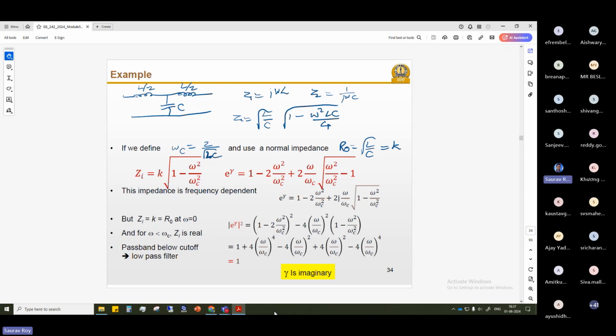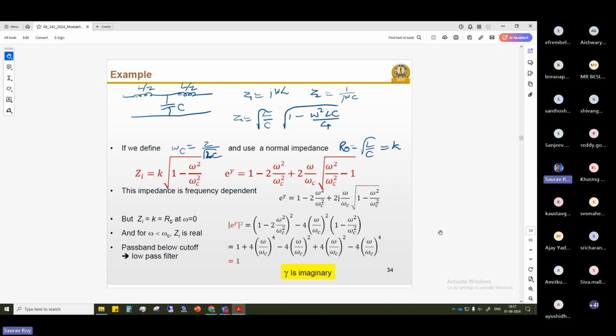And the opposite, when ZI is imaginary, you have real gamma, because then it just attenuates. That is what you should notice here in the theory, that the terms inside the square root are opposite in gamma and ZI.